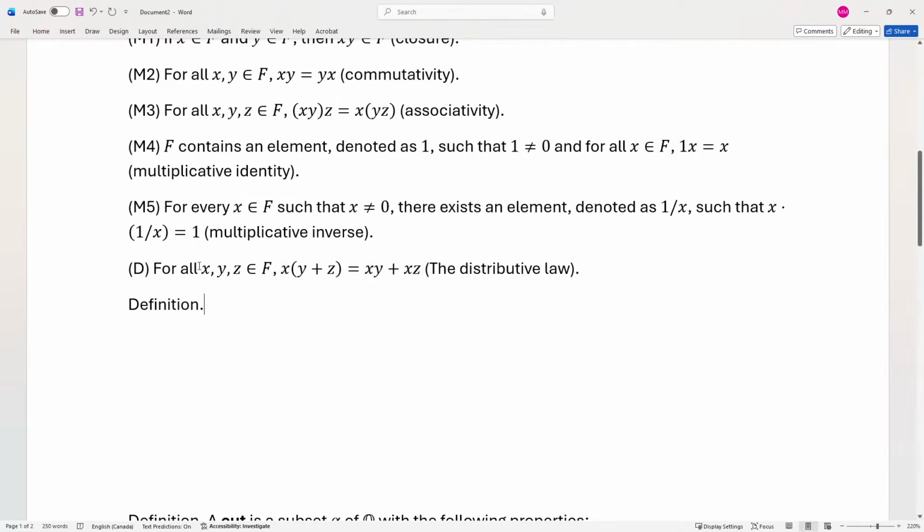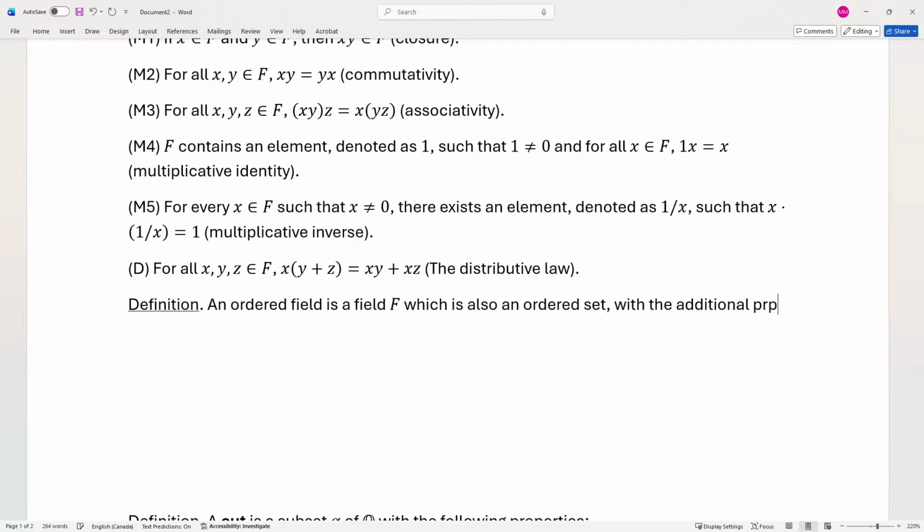So we now have defined an ordered set and a field, and now we need to define an ordered field. An ordered field is a field, which we just defined, that is also an ordered set with the additional properties below.